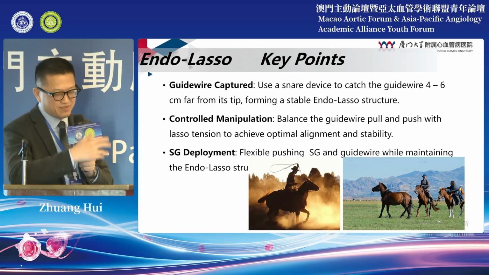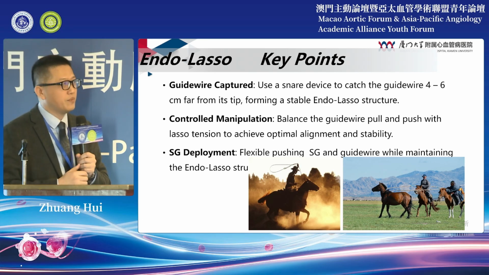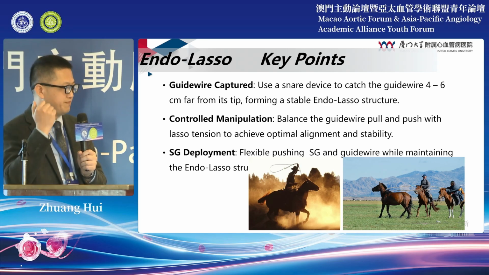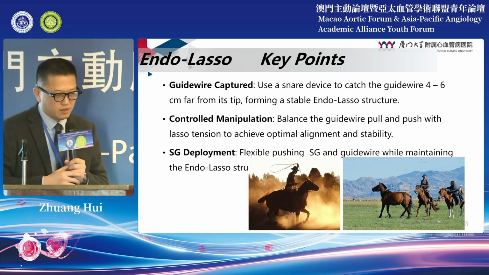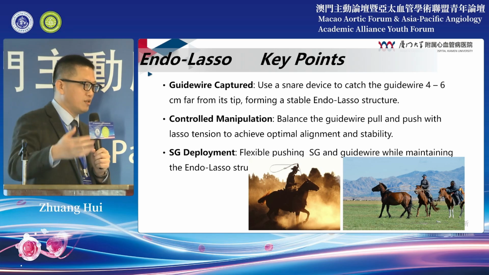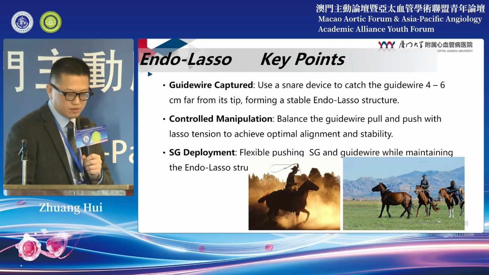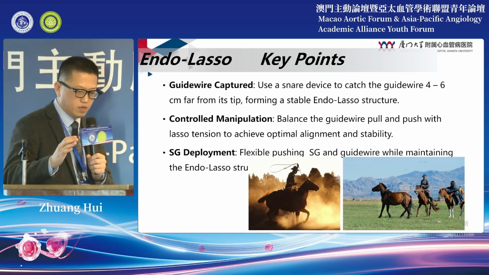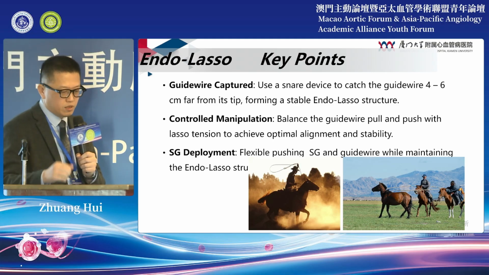So I looked for some pictures and some stories. This seems a little bit like cowboys, using the lasso, like you see the cowboys in the U.S. Maybe you have cowboys in China, and they also use lasso techniques. So the key point is to capture your guidewire, control and manipulate the stent graft and deploy the stent graft.